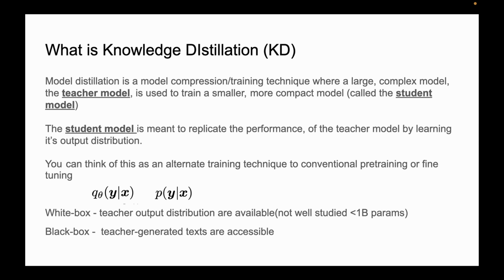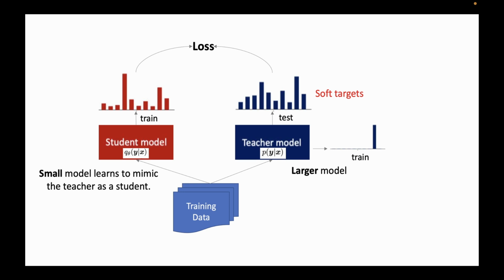So to give an example, we have this diagram where we have training data. Normally training data is fed into a model. You have some output of the model and you have some ground truth, and then you find some loss function based off of the ground truth and the output. But for distillation, you have a student model denoted q theta, where theta is the learnable parameters, and then you also have the teacher model denoted p.